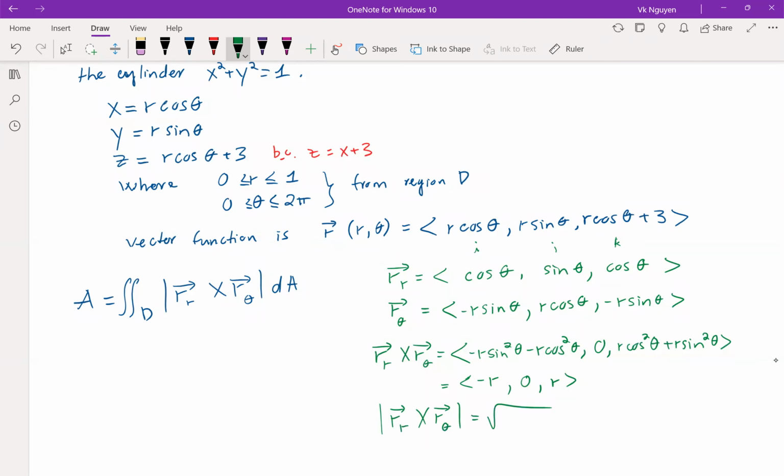And that will be root of r square plus 0 square plus r square, root of 2r square. So it's going to be r root 2. Actually, I can say root 2 r here because usually I put a number in front of the variable. Okay, so root 2 r, that's what we have.